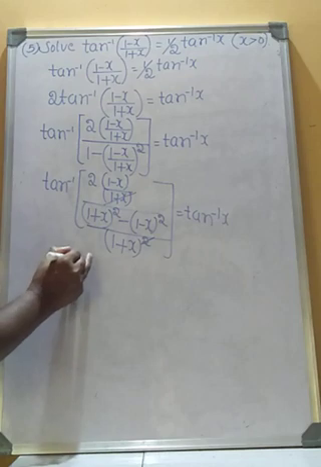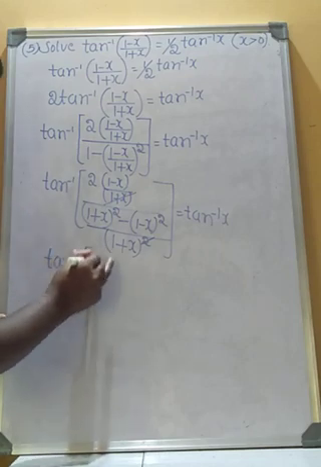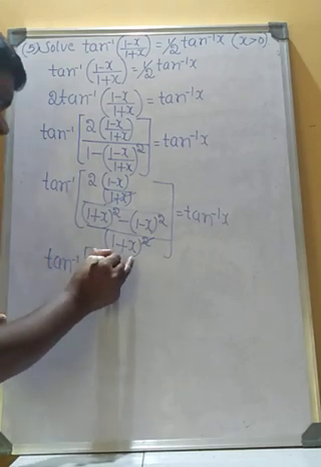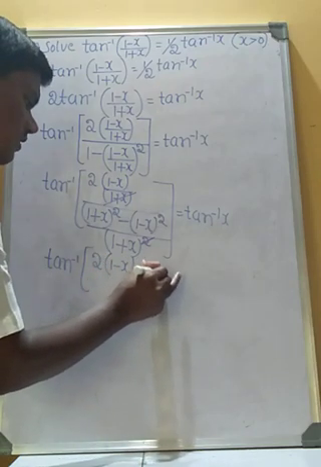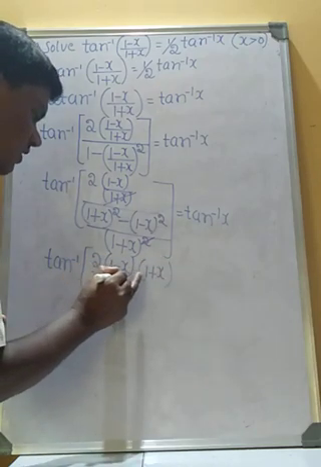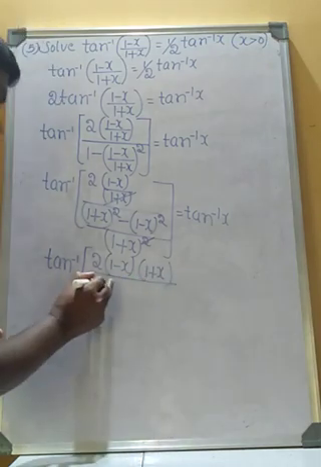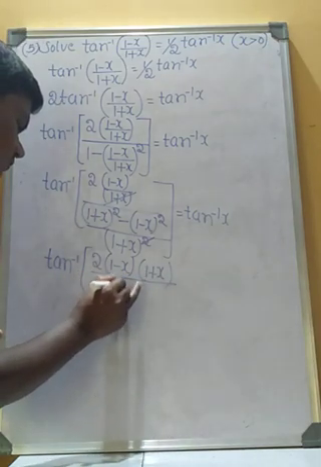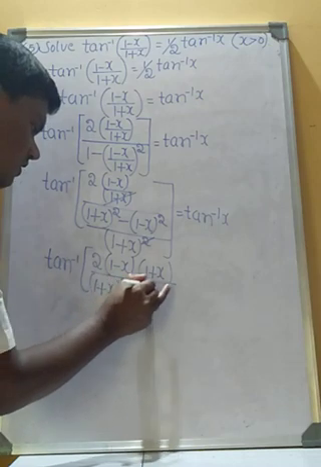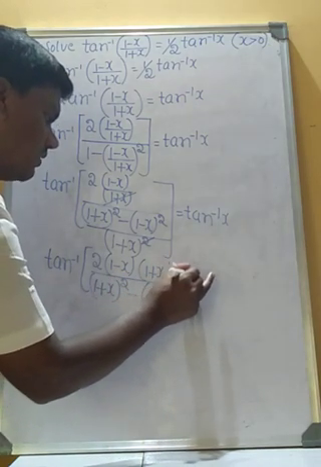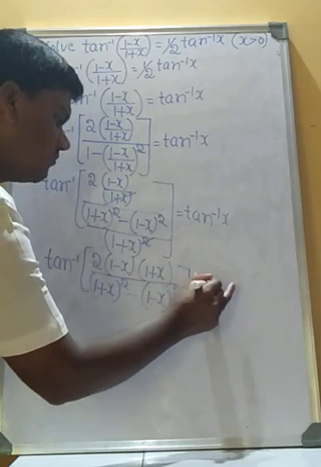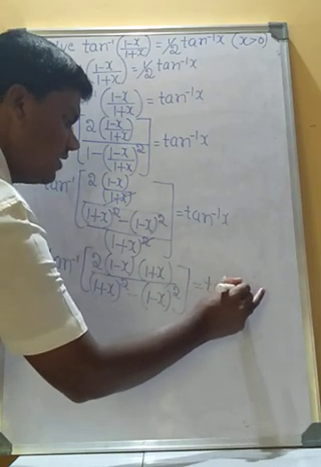Therefore, tan inverse of 2 into (1 minus x) into (1 plus x) divided by ((1 plus x) whole square minus (1 minus x) whole square) equals tan inverse x.